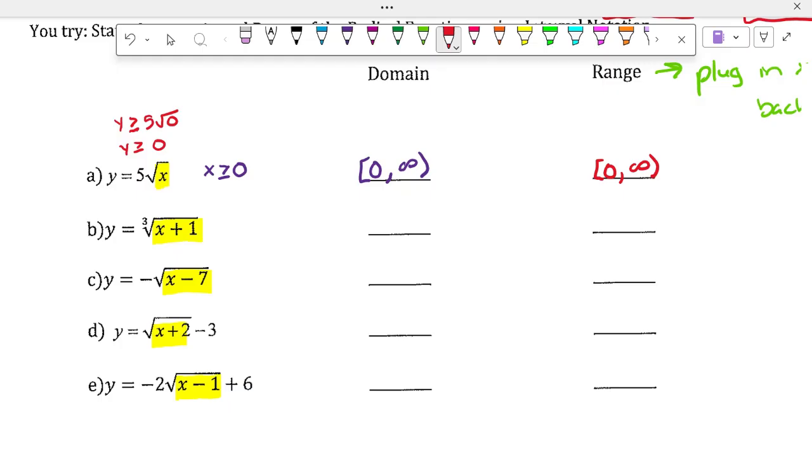All right, let's go to the next one. Let's go with Reagan. With domain, what did I just say we have to always do? Set it equal to 0 or greater than or equal to 0. So x plus 1 is greater than or equal to 0. But wait, what type of graph is this?